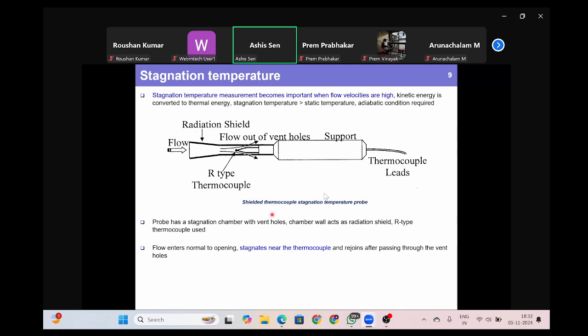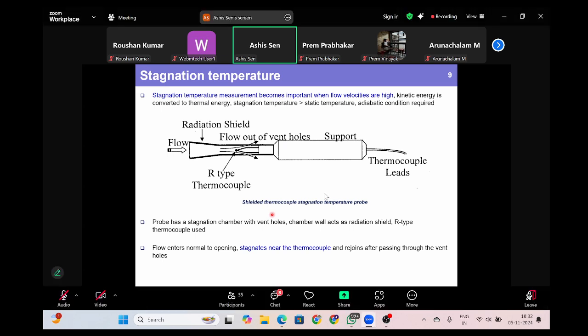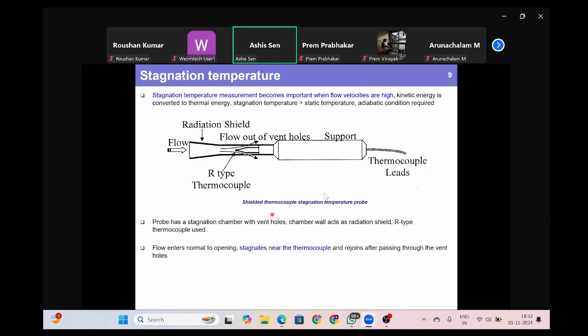So, equivalent to static pressure and stagnation pressure, you have static temperature and stagnation temperature. Okay. But to measure stagnation temperature, you have to ensure that there is adiabatic condition. That means whatever the probe is measuring, it is actually measuring the stagnation temperature and no heat is being lost once the kinetic energy is converted into thermal energy.